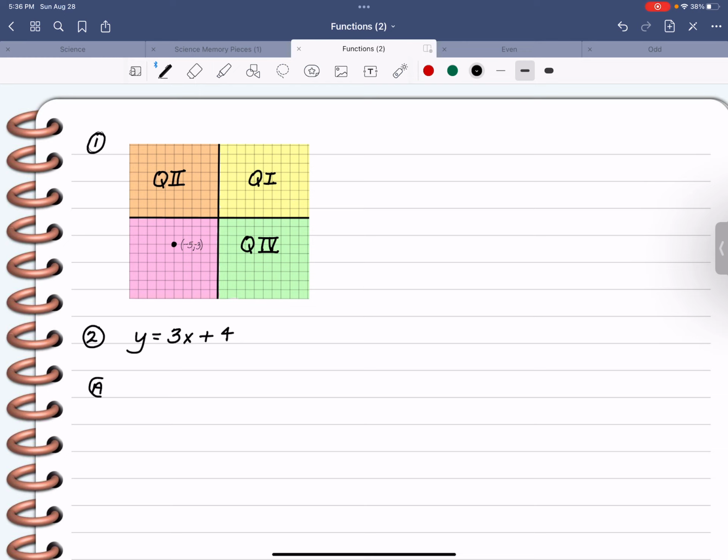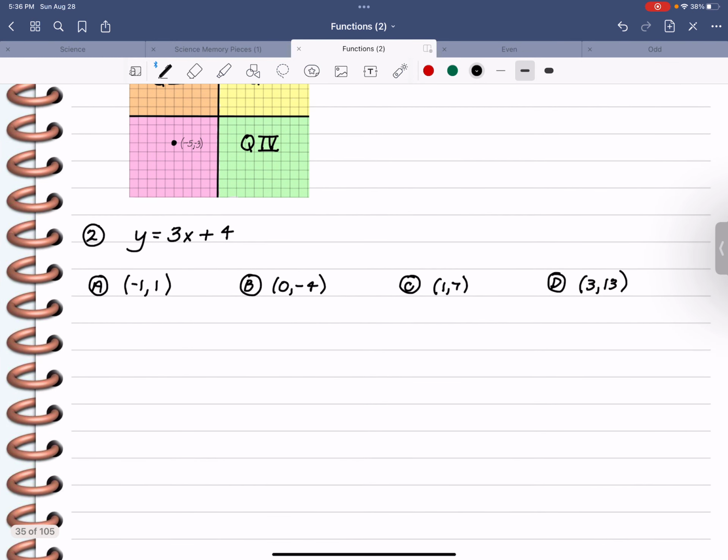A is -1, 1. B is 0, -4. C is 1, 7. And D is 3, 13. So they want us to test all of those points.